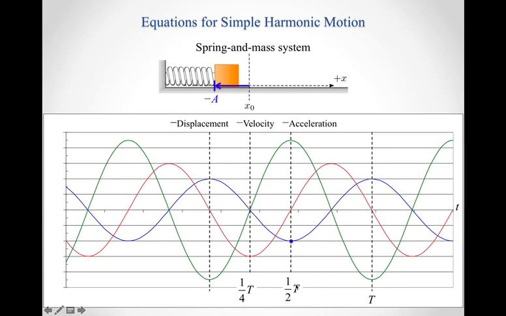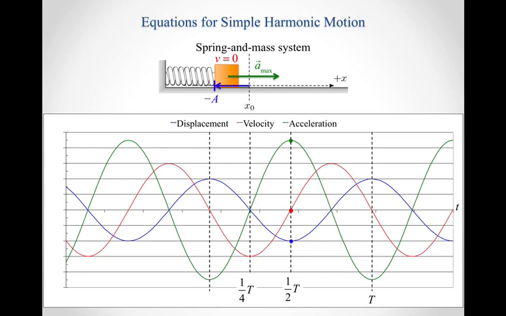So this is 1/2 T. It's stopping to turn around, and sure enough, the red velocity curve is again crossing the axis, so its value is 0. The acceleration acting on the mass is once again at its maximum because it's as far from equilibrium as it's ever going to get, but now it points in the positive direction. So my acceleration curve is at its maximum positive value when my displacement curve is at its maximum negative value.